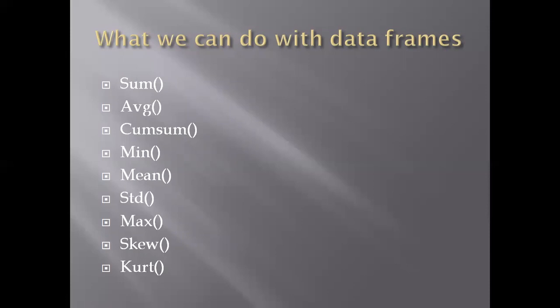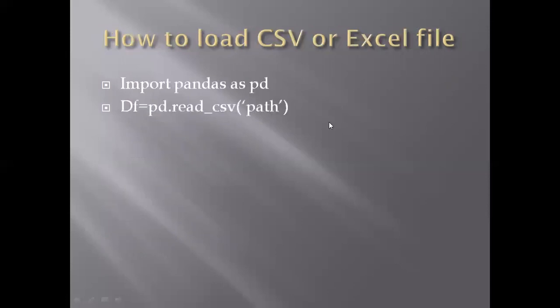All these statistical operations we can do with data frames. Later join and merge, and deleting rows and columns we can also do. I will show all these functions. These are some example functions of what we can do with pandas.